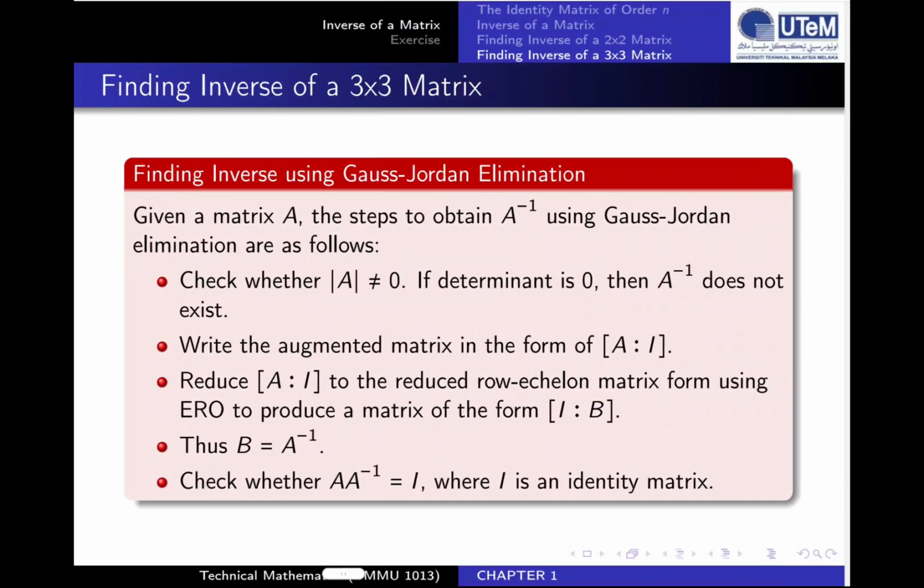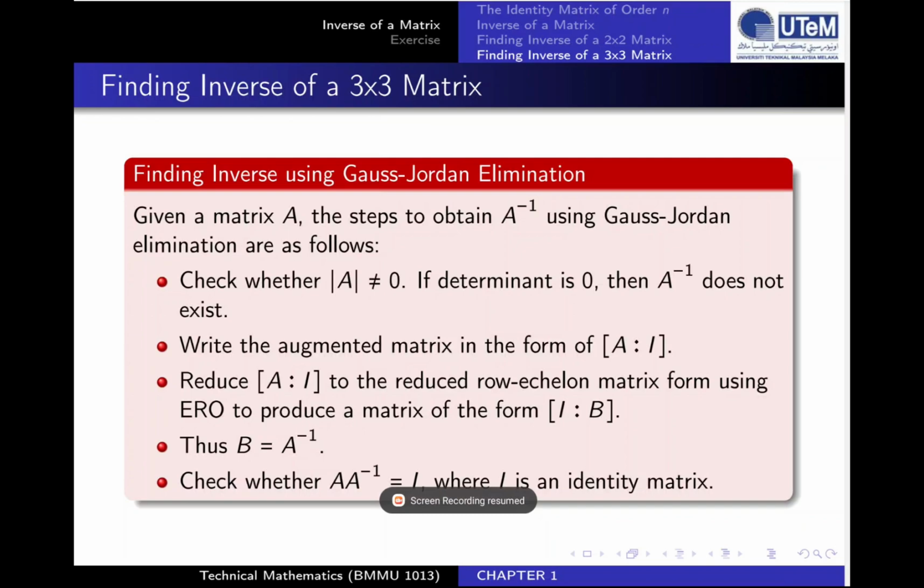Now we can also find the inverse of a matrix by using the Gauss-Jordan elimination method. Before this, we were using the adjoint method to find the inverse. So now we want to use the Gauss-Jordan elimination method.